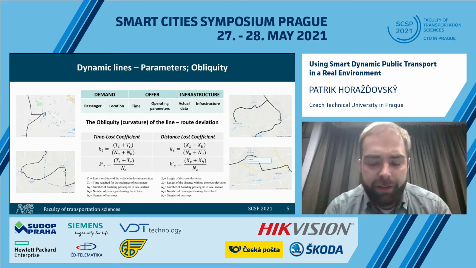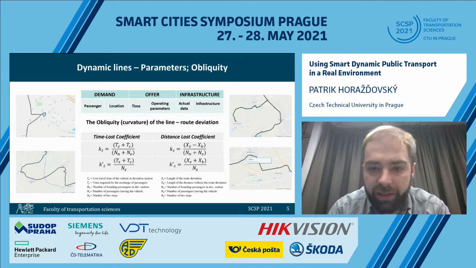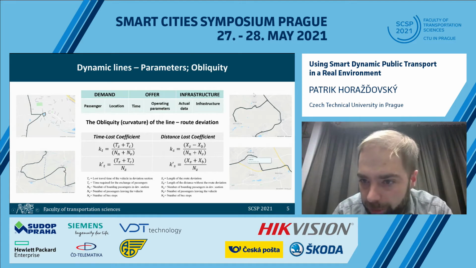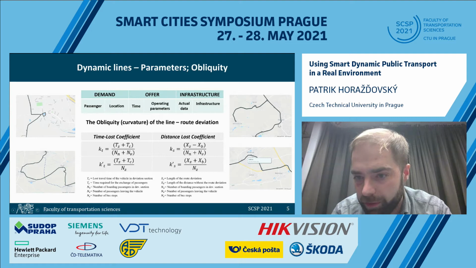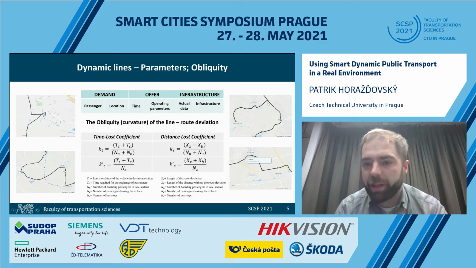But for me, the main parameter is the obliquity, route deviation, and in the pictures here and here, you can see that normally the line goes straight, but there is something that we can call route deviation.